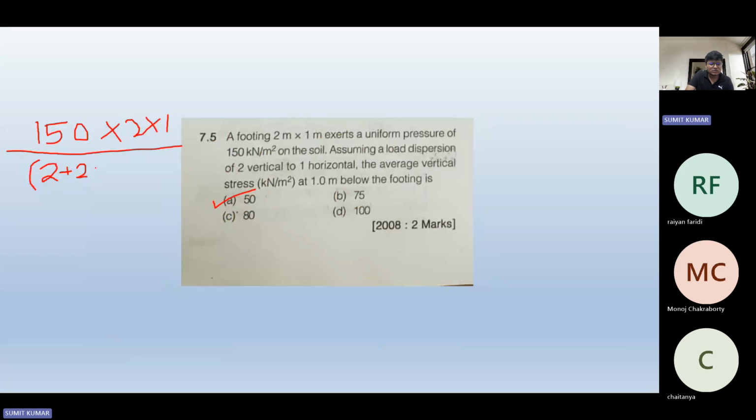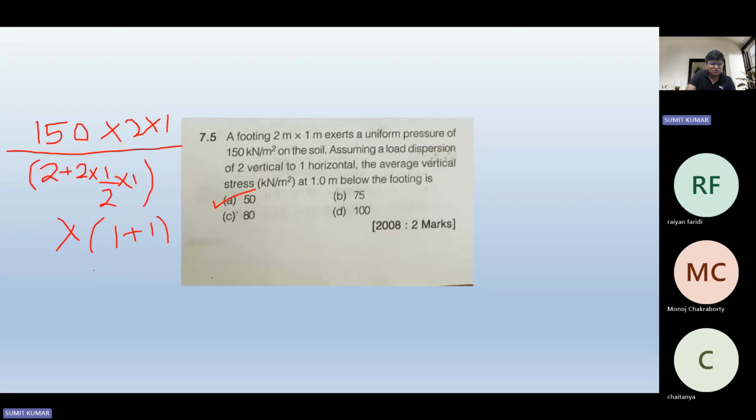Okay, so B plus 2nz. So 2 vertical, 1 horizontal means n is going to be 1 by 2, and z is again 1 meter. So B plus 2nz, multiplied by the other term 1 plus 2 into 1 by 2 into 1, which is 1.